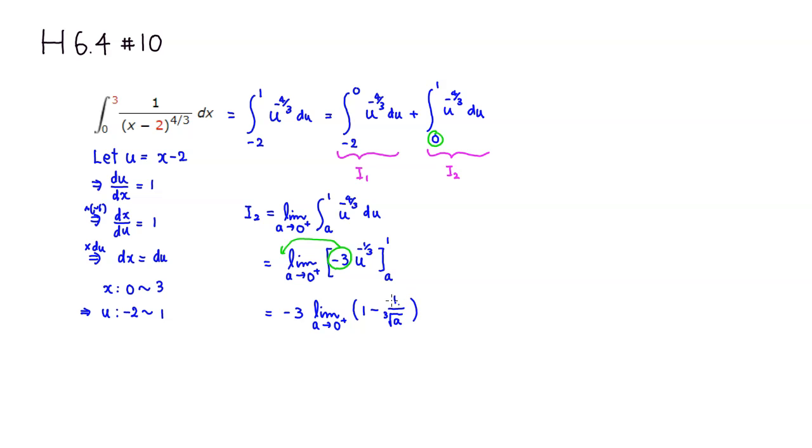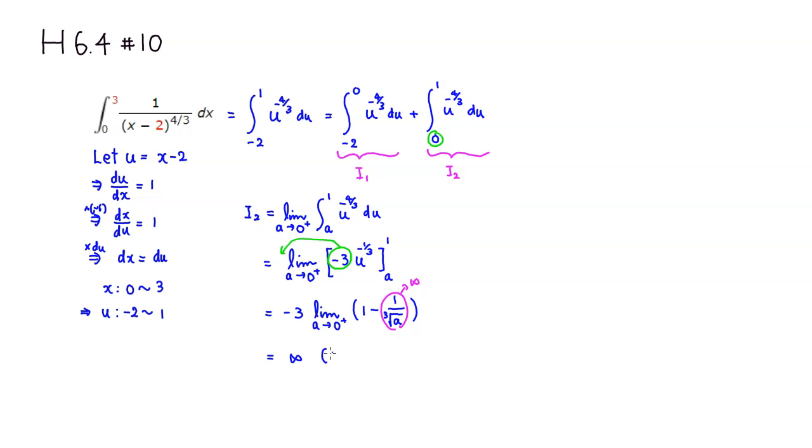As a approaches 0, this is 1 over 0, so this term approaches positive infinity. So you have 1 minus infinity, which is negative infinity, times negative 3, which would be positive infinity. So this is going to go to positive infinity.